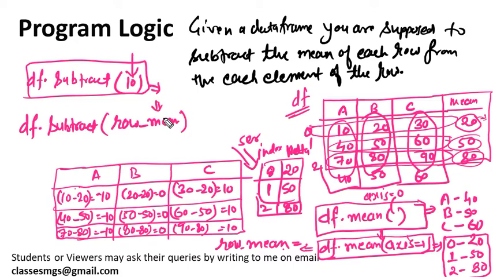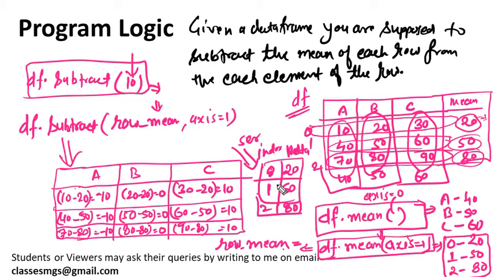By default it subtracts column wise. The A, B, C columns are there, and this row mean has the 0, 1, 2 index. So essentially there is no match in this data frame, and then everything will become NaN. So you need to pass axis equals to 1 here, so that it can subtract this series object from this data frame row wise. So essentially using this line you are getting this result.